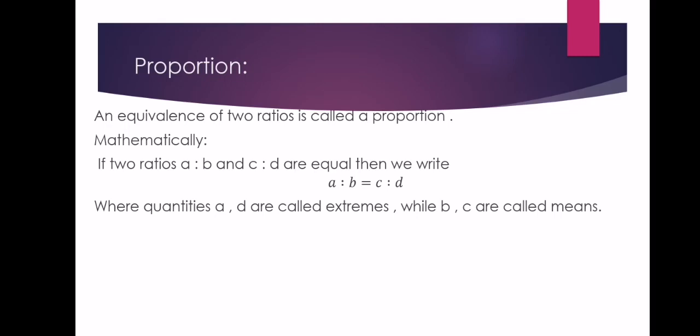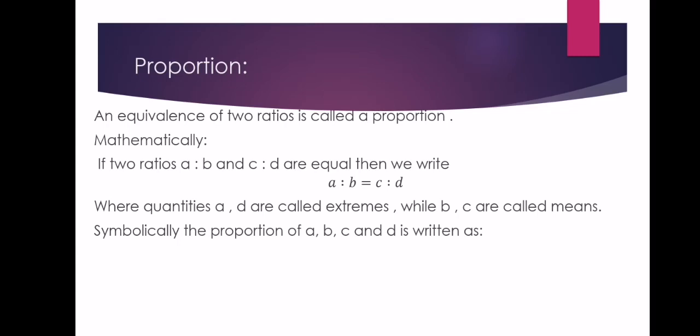We know that 1 by 2 is equivalent to 2 by 4. So 1 by 2 equal to 2 by 4 is representing proportion. In proportion, the first and the last quantities are considered as extremes, whereas the middle two quantities are considered as means.